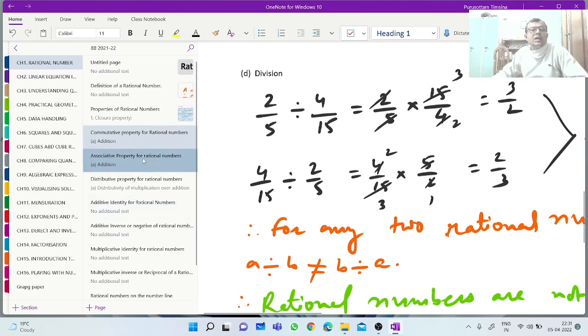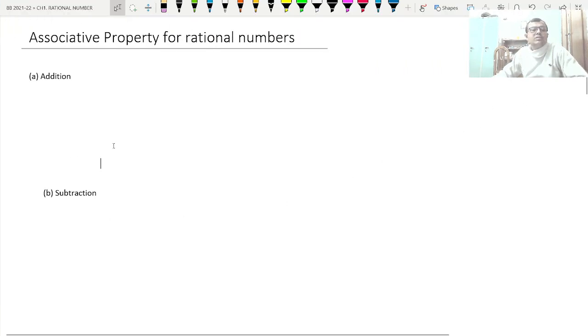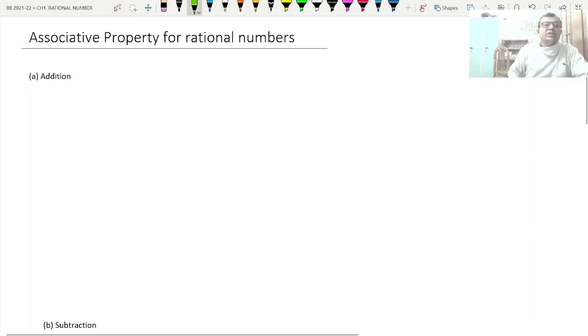Then let us go to associative property. What do you mean by associative property?